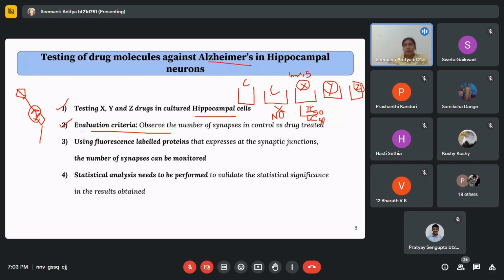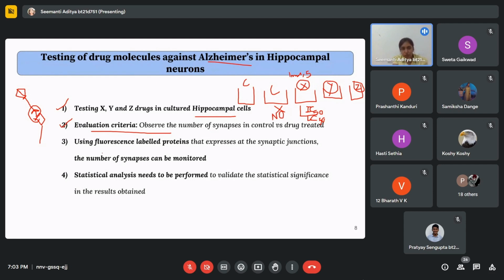In that condition, it will be more physiologically relevant, and the results will be more believable, because the cells which are behaving like Alzheimer's patient hippocampal cells, only there do we give the drug treatment and check the effect.